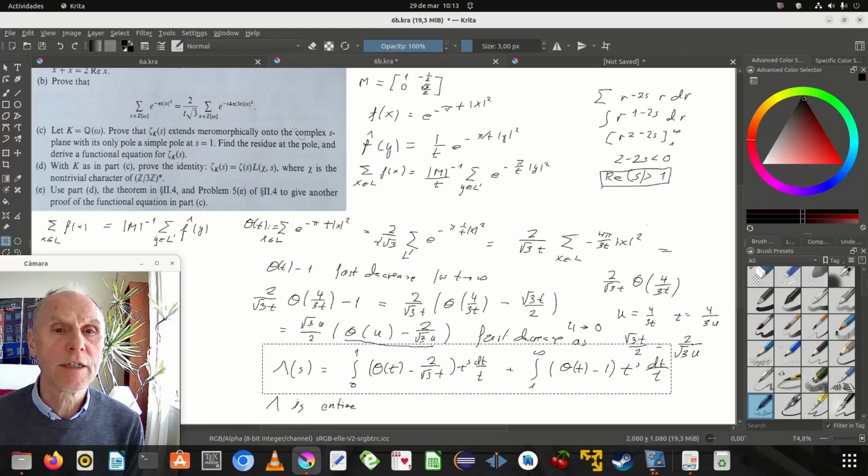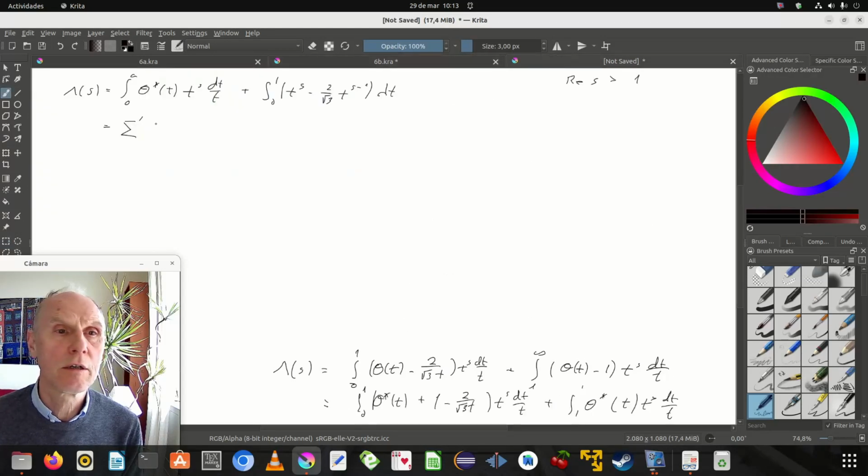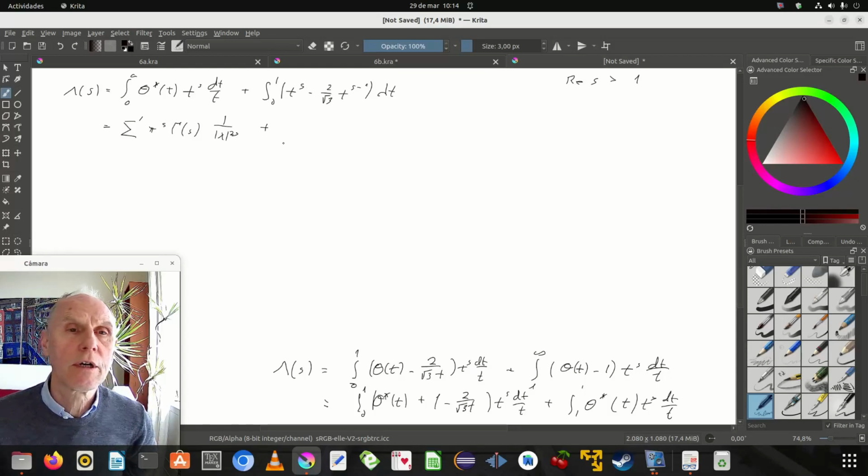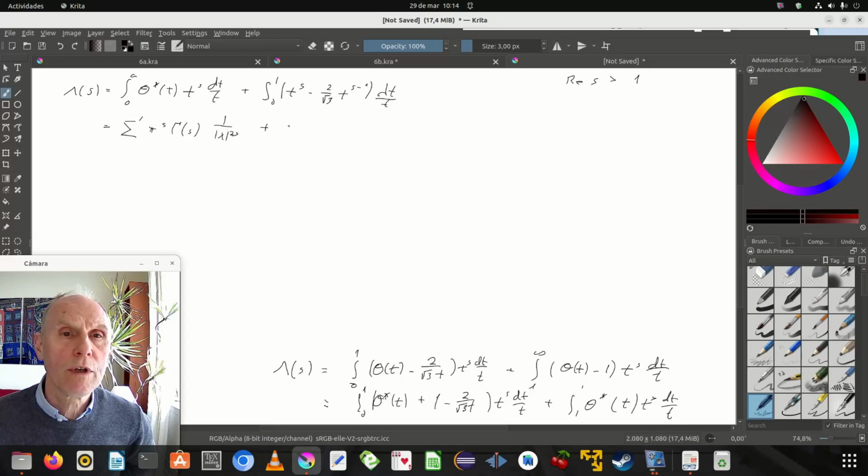It's pi to minus s, gamma s, and then 1 divided by x to 2s, plus, and then this is 1 divided by dt, 1 divided by s minus 1 divided by s minus unity.